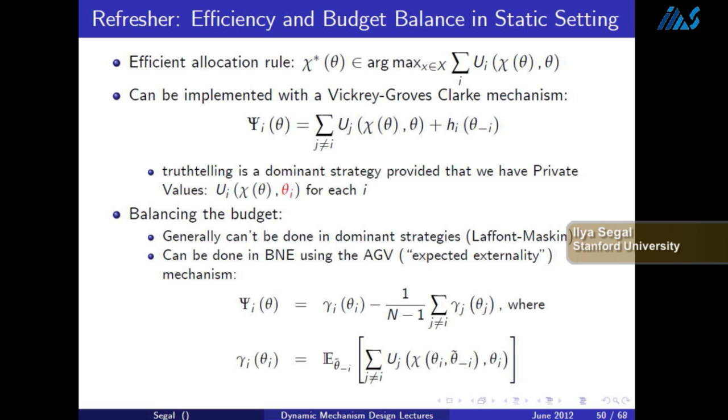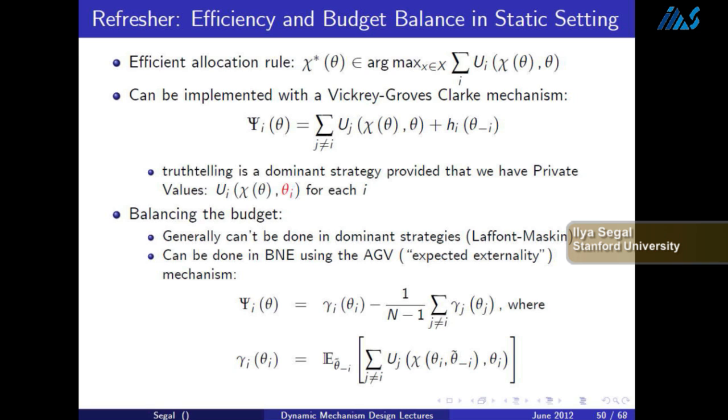So the way the mechanism works is that, to understand it, look first at the second line. Gamma i of theta i, I will call it the incentive term of agent i. This is the term that's designed to provide incentives to agent i, and this term depends only on his own report. That's important.